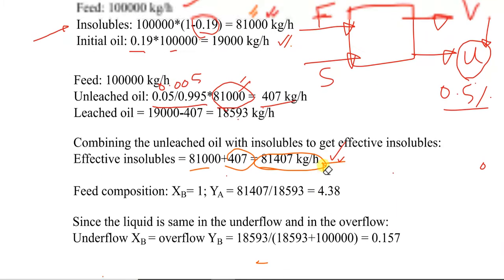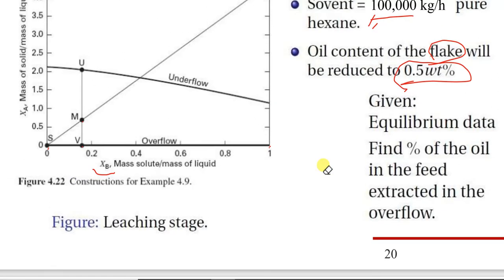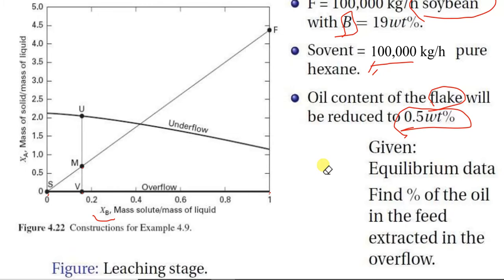So we need to understand this graph. Have a look at this and see what is XB on the x-axis: mass of solute, which is B, divided by mass of liquid.